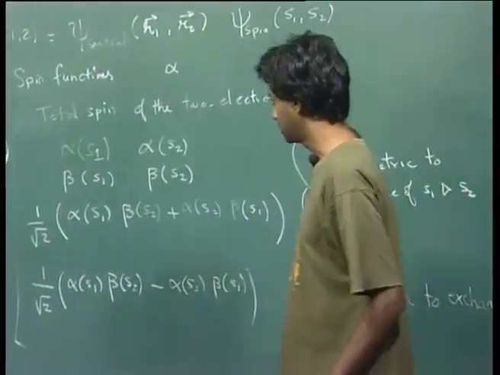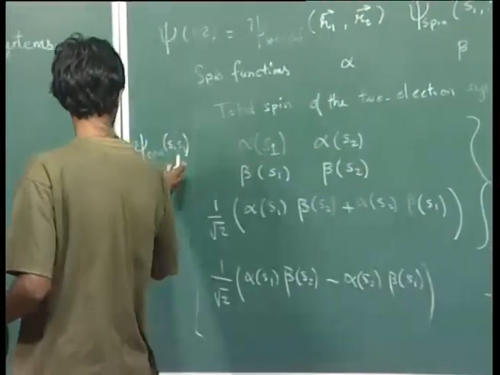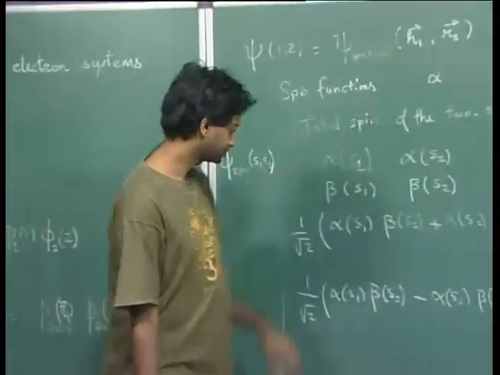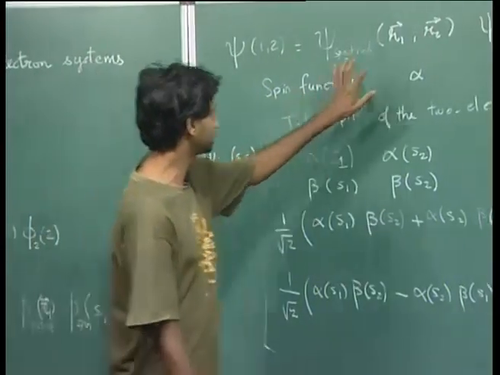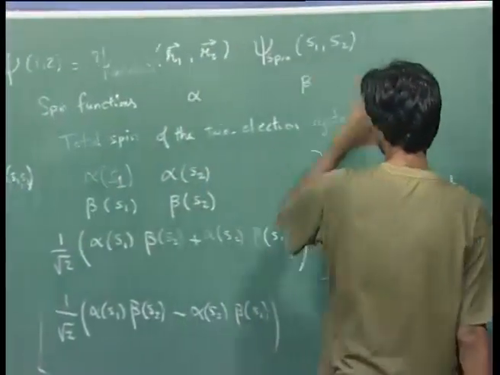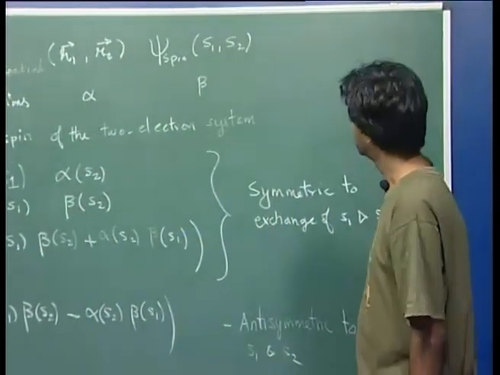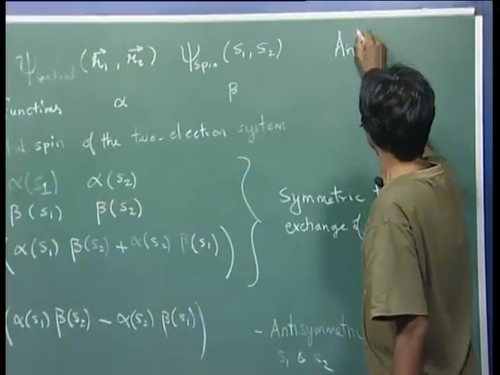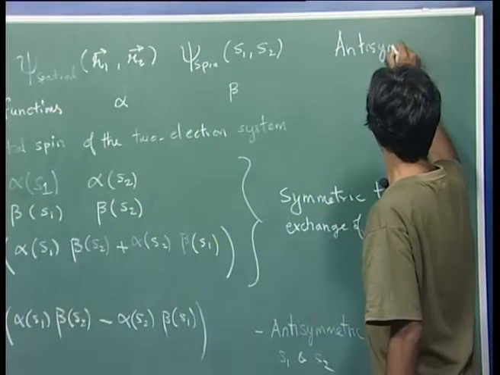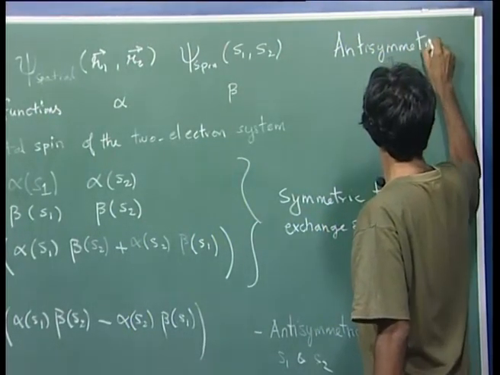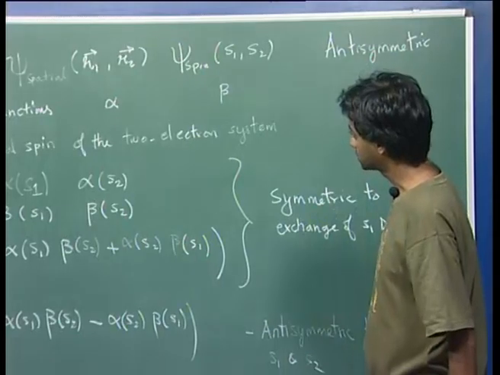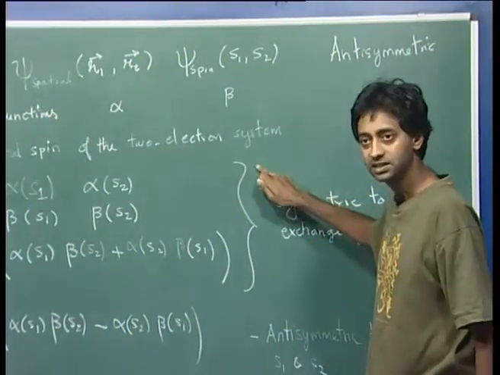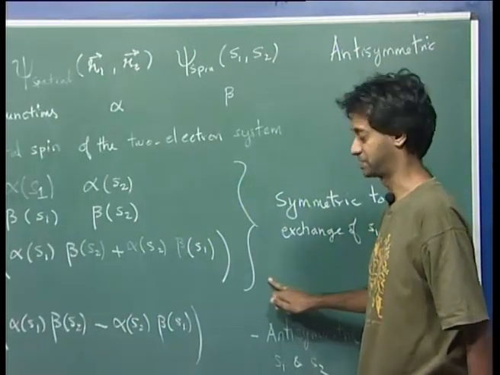Okay. So now what we will do is we use these in a combination with a spatial wave function. Okay. Now since the product of the spatial times the spin part has to be antisymmetric, it follows that if you take a spin part which is symmetric, then the spatial part has to be antisymmetric.